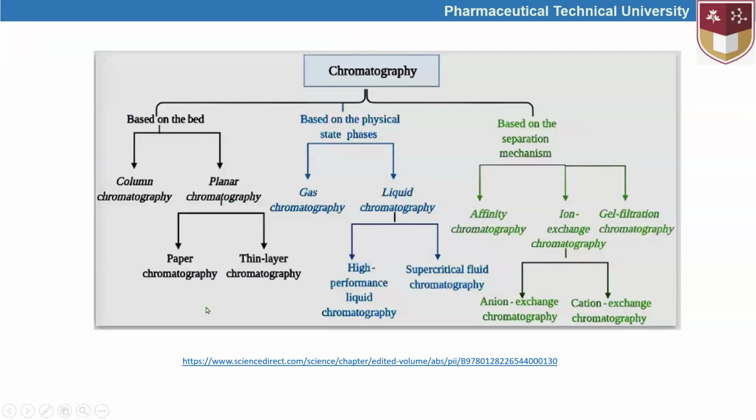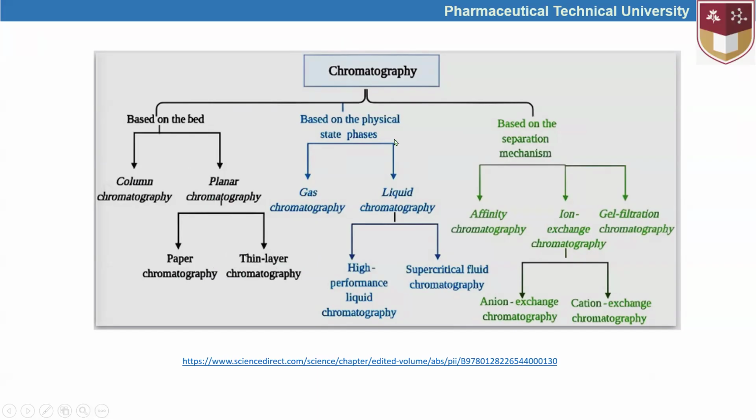Just as additional information, let me remind you that in column chromatography, we use the elution vertically from the top down, and in planar chromatography, the mobile phase goes up. This is one of the main differences between column chromatography and planar chromatography.